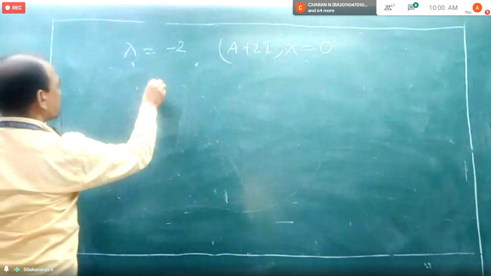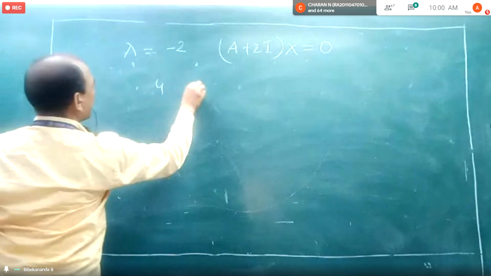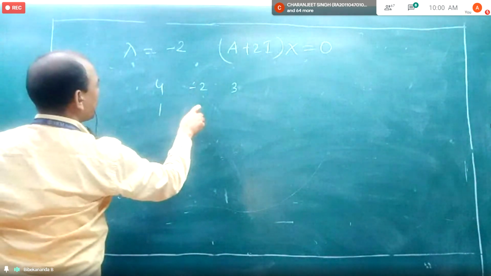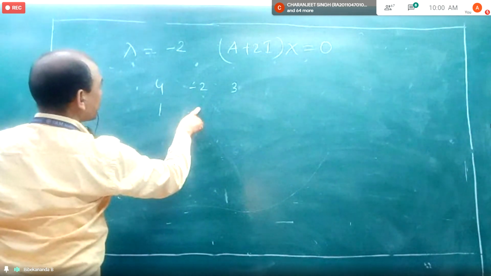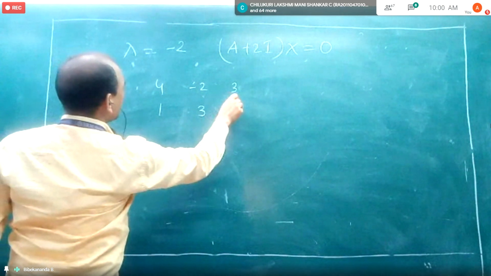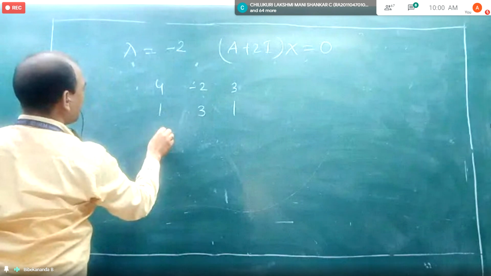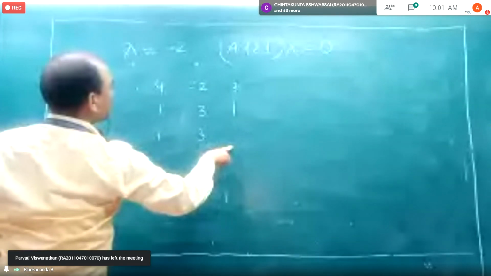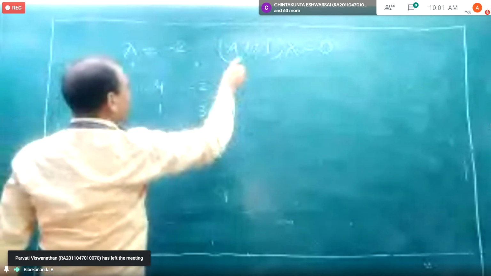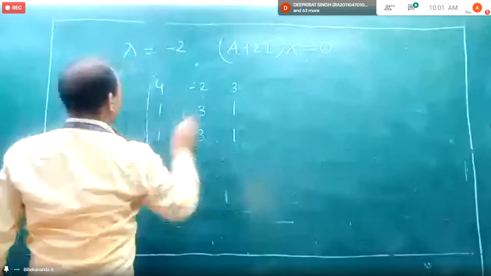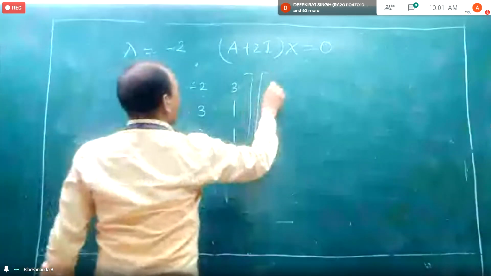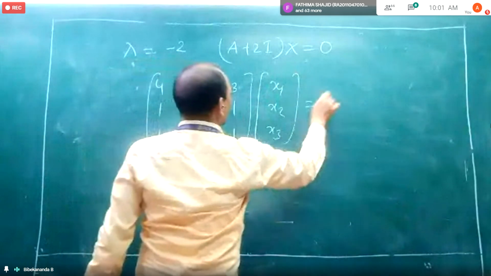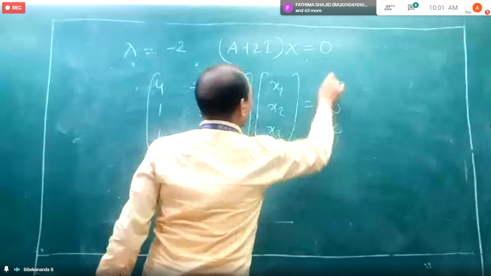So 2 plus 2 is 4, minus 2, 3, and this is 1, and this will be 1 plus 2 is 3, and this is 1. And then the second one will be 1, 3, minus 1 plus 2 is 1, into x1, x2, x3 is equal to 0, 0, 0.